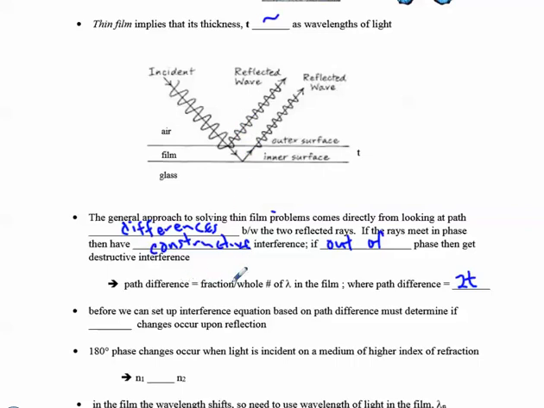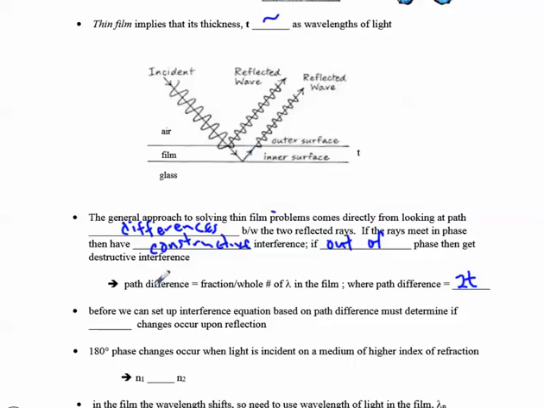We basically set that equal to some fraction or whole number of the number of wavelengths of that particular incident light. If it's monochromatic, then that's pretty straightforward. If it's a polychromatic source, then there's multiple wavelengths. So for certain colors, the path difference will match up with a wavelength or a half wavelength or some other multiple of those. We just have to determine what the relevant integer is for our particular problem.